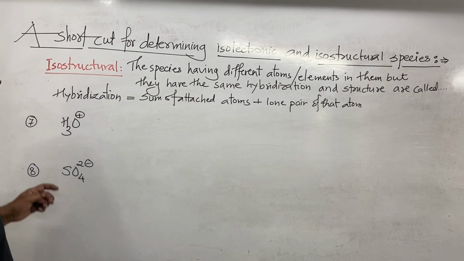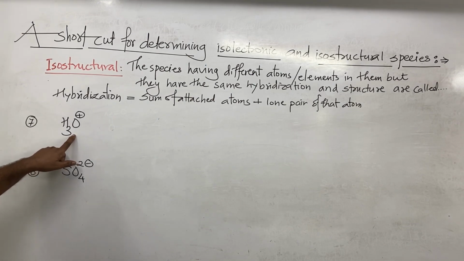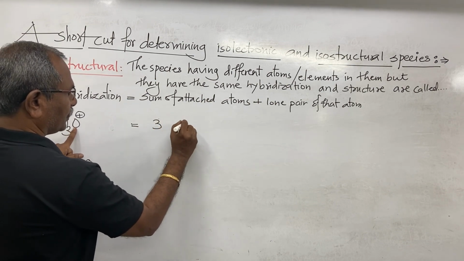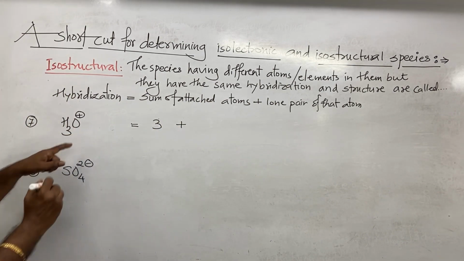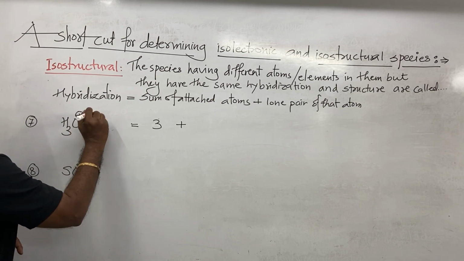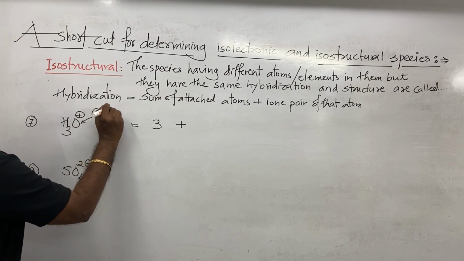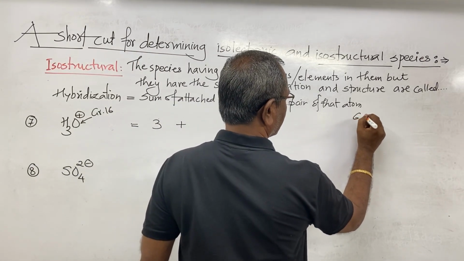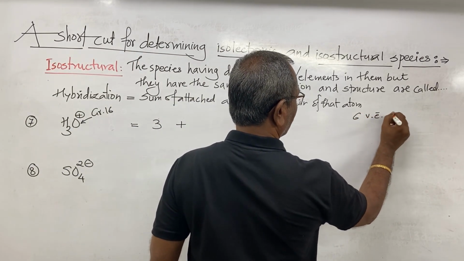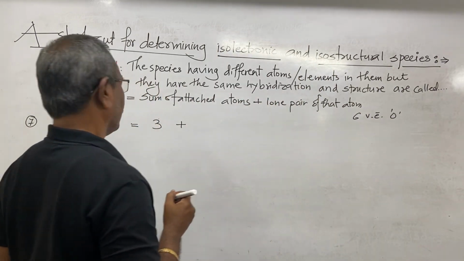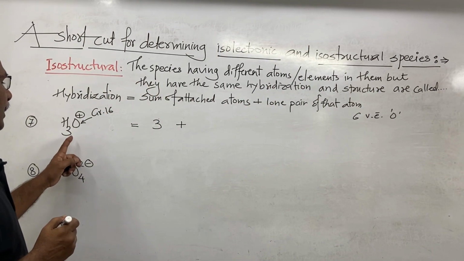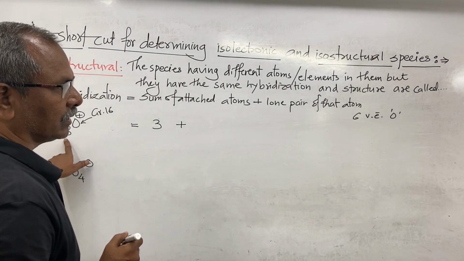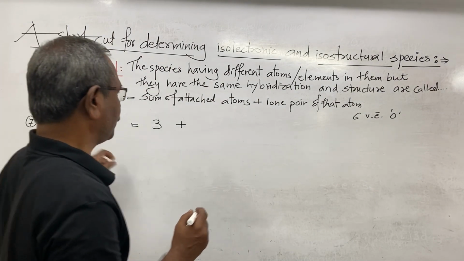Now next example is H3O plus. In H3O plus there are 3 hydrogen atoms attached. Oxygen belongs to group 16. So there are 6 valence electrons in case of oxygen, and out of 6 electrons, 3 electrons are used in bond formation with hydrogen.